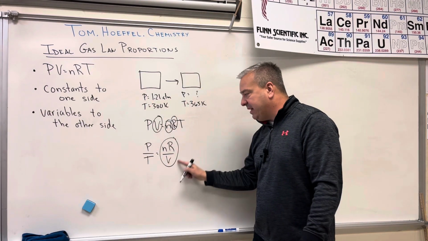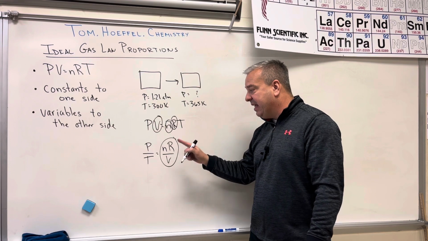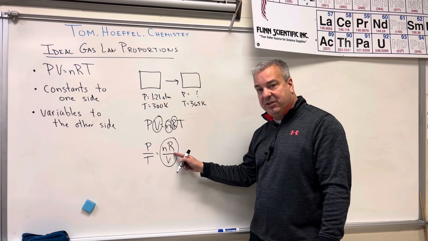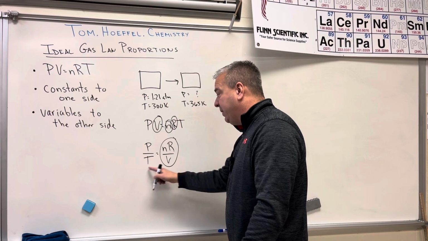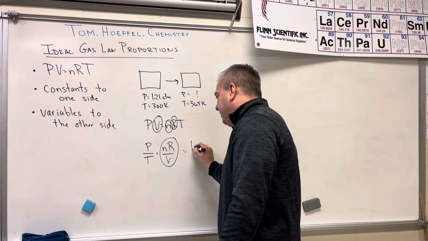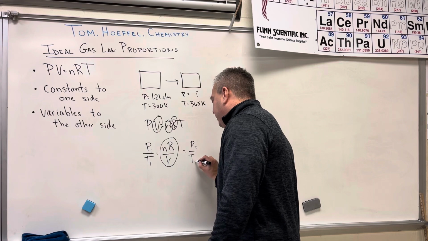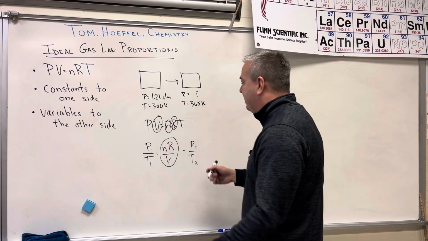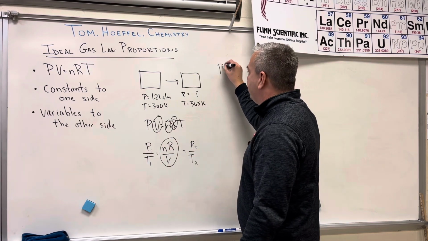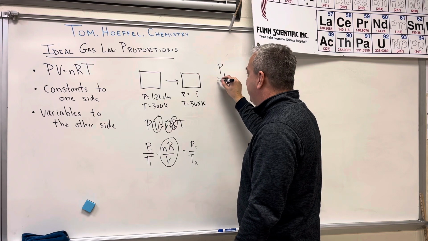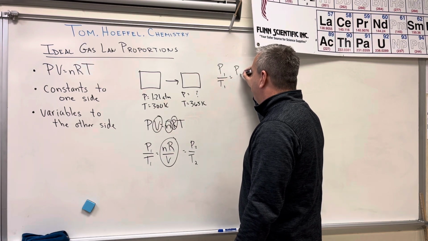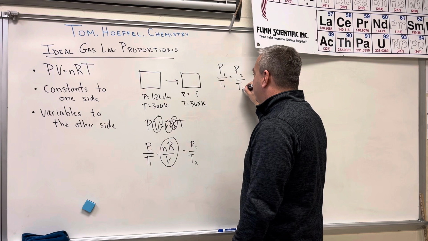Everything in the circle are the constants. If these things don't change, and it's always equal to P divided by T, well, the first situation is going to be equal to the second situation. So we get this proportion that P1 over T1 is equal to P2 over T2.